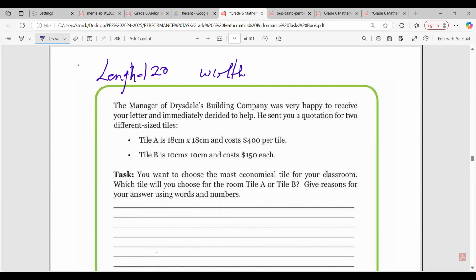So guys, this is how you approach this. And if your parents are going to tile your room, this is how the tiler will actually do it. They will need the area of your room in order to tile it. So you have some tilers who make you buy more tile than you actually need.